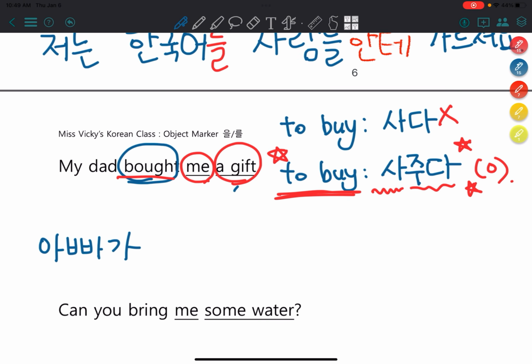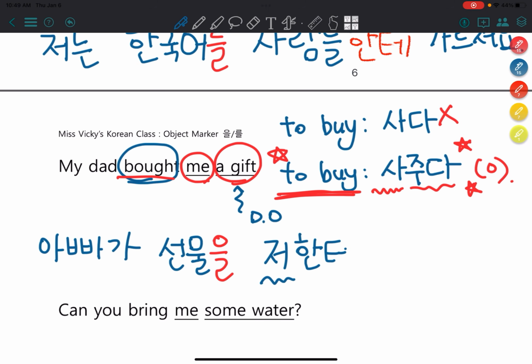And gift is something that is being bought, right? So this is the direct object, so you can mark gift, 선물 with 을, and then me is 저, and I am the person who is at the receiving end, so you can say 저한테 사줬어요. 아빠가 선물을 저한테 사줬어요.